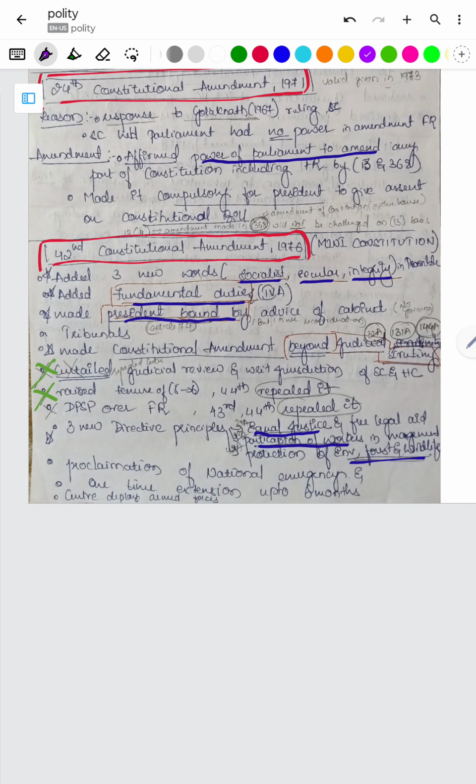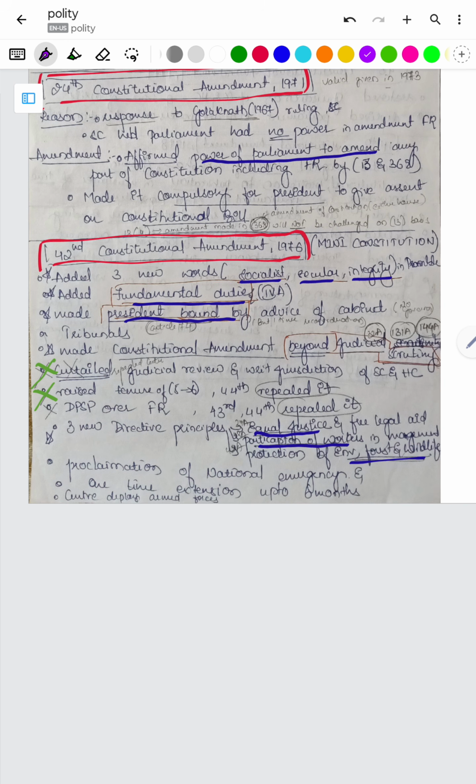But the status in 1976, during the 42nd Amendment in the emergency, was that it added clauses 4 and 5 to the Constitution. These clauses declared that any constitutional amendment was completely outside the scope of judicial review and had unlimited power.